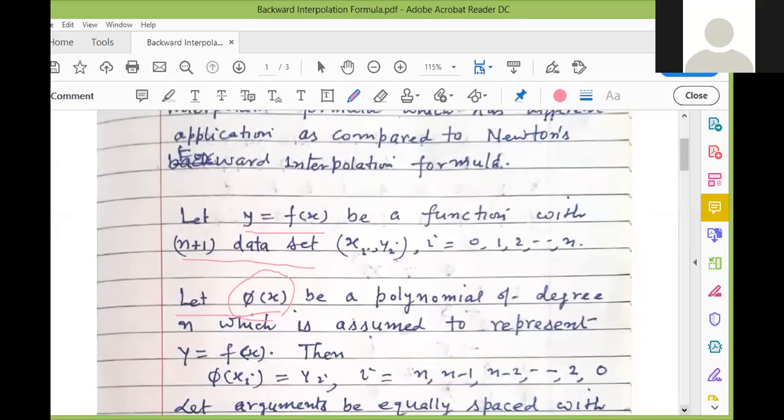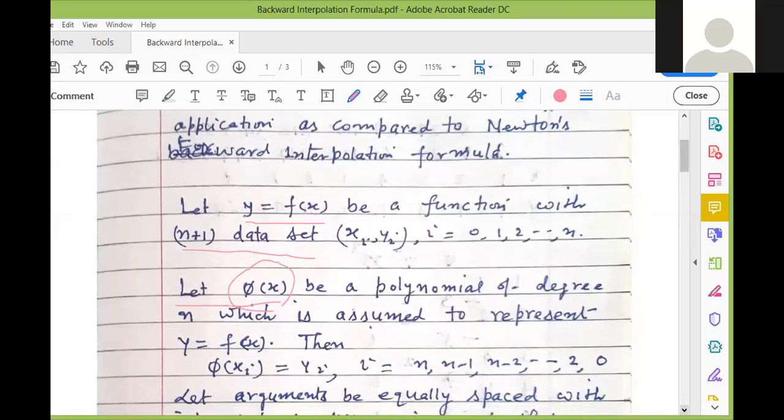Our polynomial phi(x) is of degree n, because the number of data points is n plus 1, and therefore the degree is one less than the total number of data points.